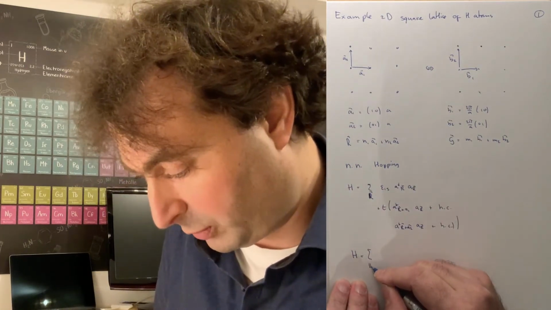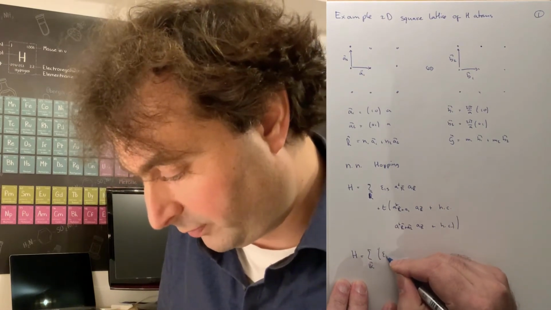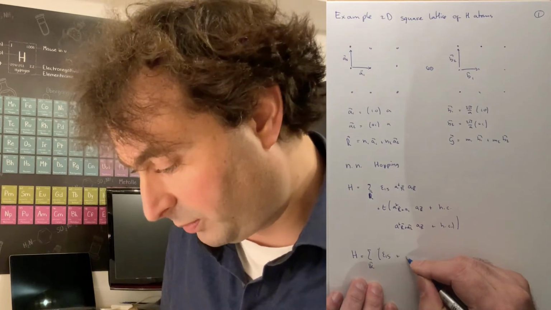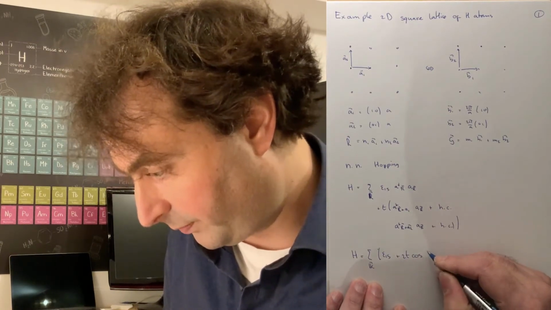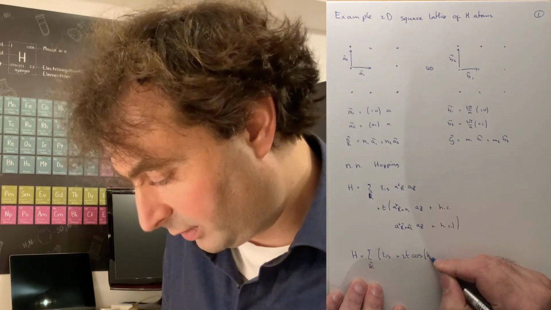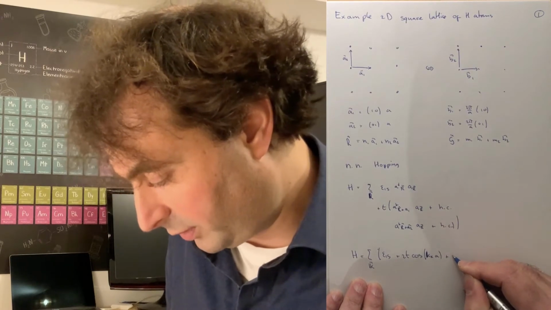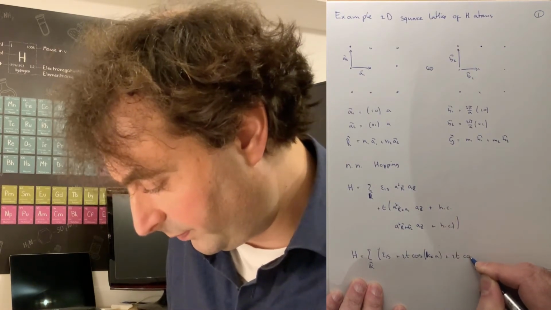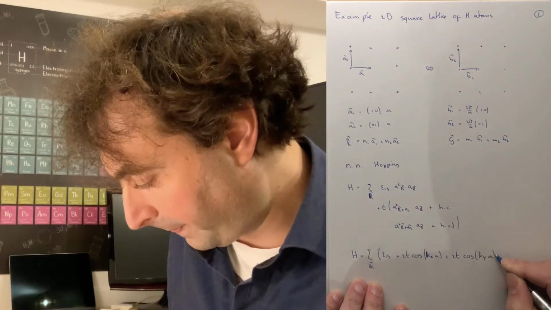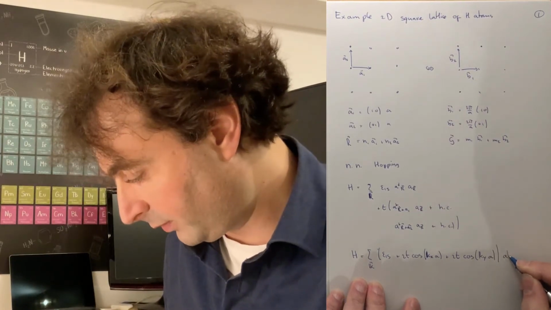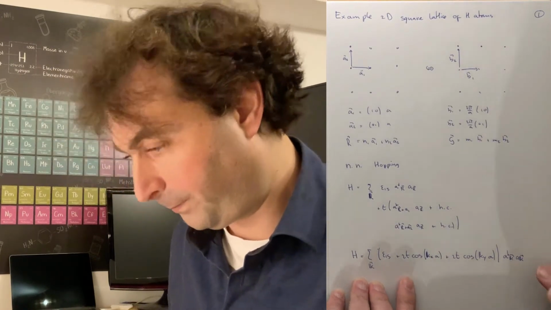So this is in principle 2 times the example we did in one dimension, and we get epsilon 1s plus 2t cos kx a plus 2t cos ky a, times a† k a k.